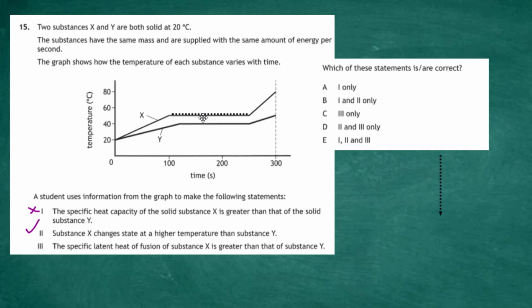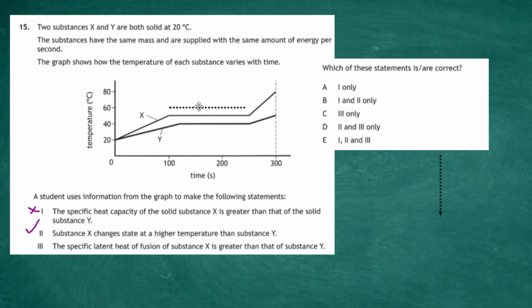So you can see the specific latent heat of fusion for this one is that length there. And let's compare it with substance Y, and you can see substance Y's length is actually slightly shorter. So substance Y has a smaller value of specific latent heat of fusion.